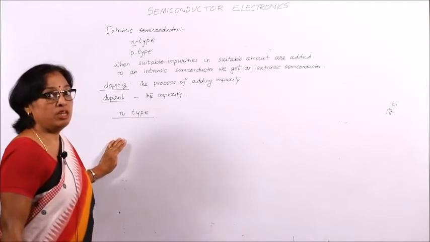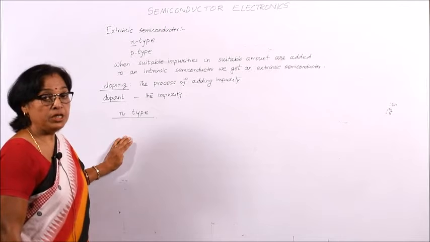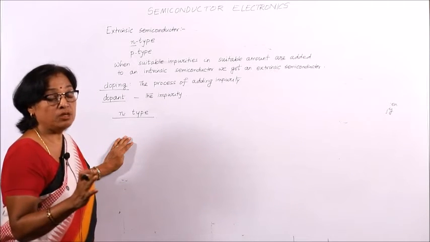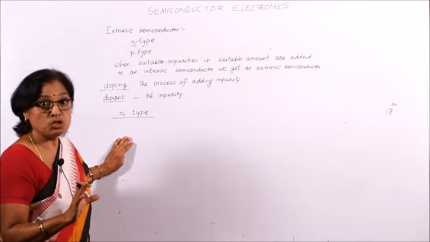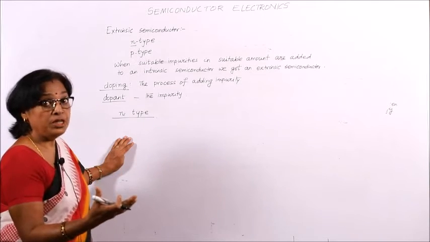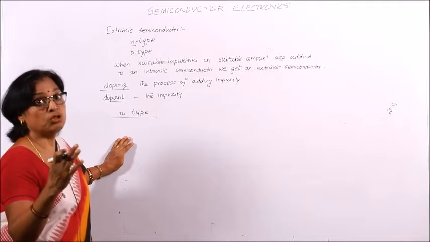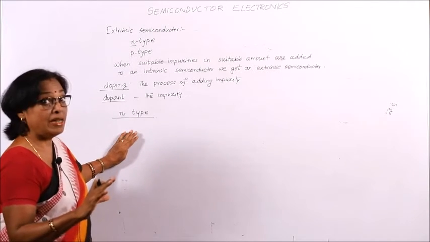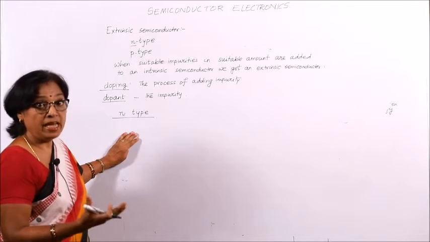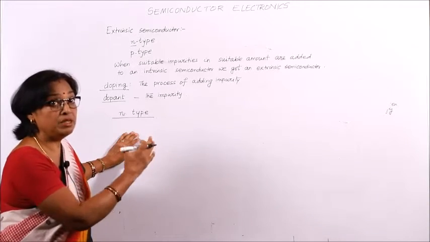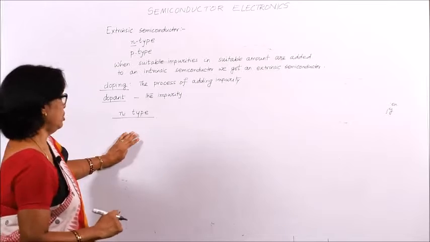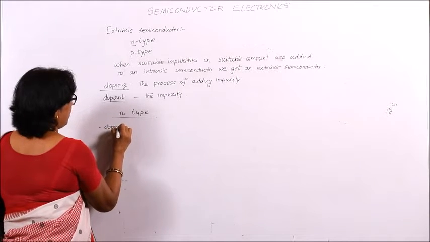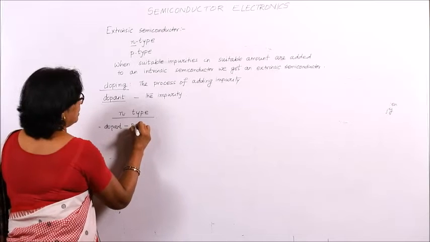Now we can add either a pentavalent impurity or a trivalent impurity. Pentavalent means those atoms which have 5 electrons in the outermost orbit. Trivalent impurities have only 3 electrons in the outermost orbit. Accordingly, if you add a pentavalent impurity, you will get an N-type semiconductor. If you add a trivalent impurity, you will get a P-type semiconductor. So here the dopant is a pentavalent impurity.